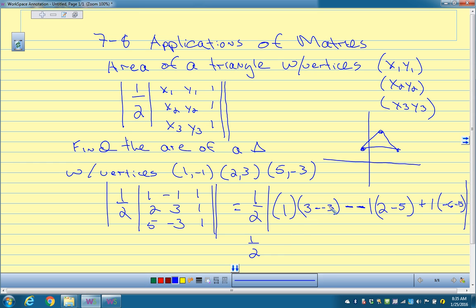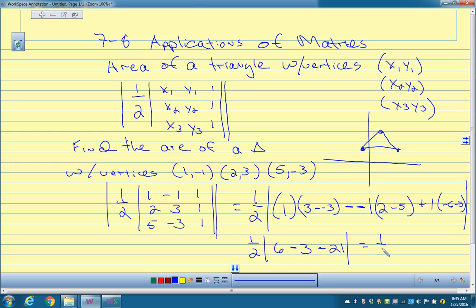So I have 1/2 of the absolute value of 3 plus 3 makes 6, plus 1 times -3, which is -3, plus 1 times -21, minus 21. 6 minus 3 is +3, minus 21 makes -18.